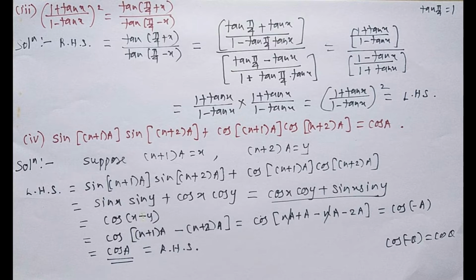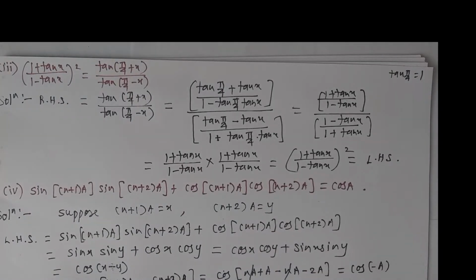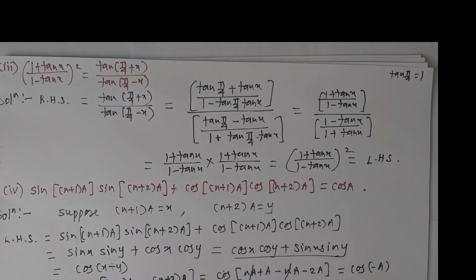And we know the formula cos(minus theta) is equal to cos theta. Therefore we get cos a, which is equal to the right hand side. In this way we have proved the fourth one. Remember the formula of cos(a minus b), and that cos(minus theta) means cos theta.